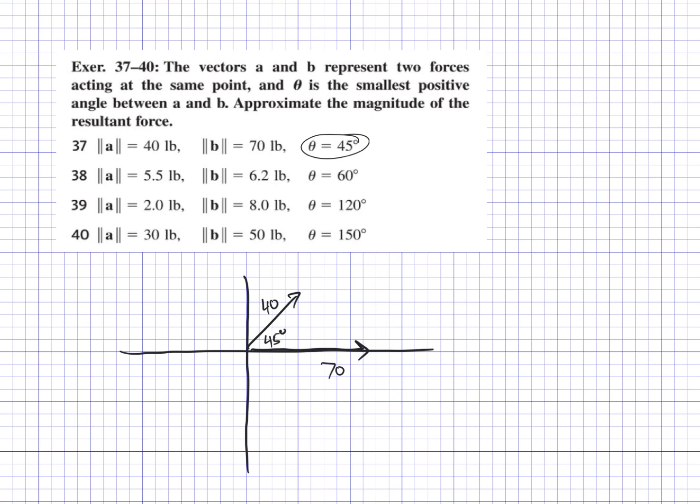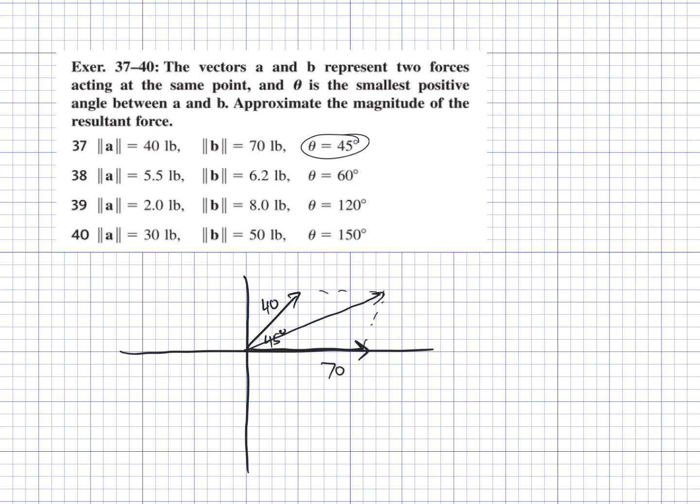All right, so the vectors A and B represent two forces acting at the same point, and theta is the smallest positive angle between A and B. Approximate the magnitude of the resultant force. The resultant force is like when you're adding them together. It gives you the diagonal of the parallelogram.